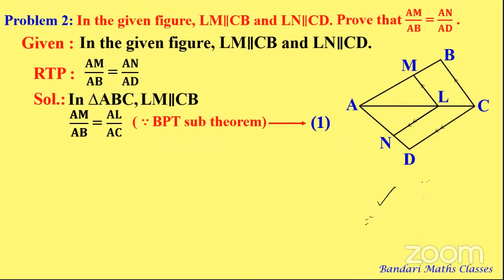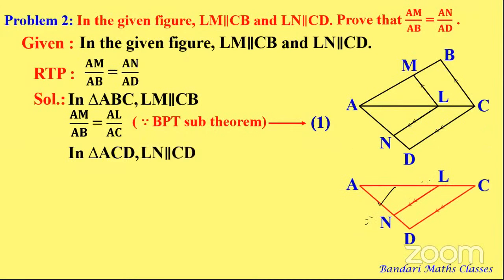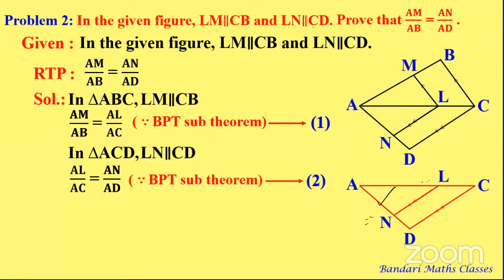Similarly, we take another triangle, the bottom triangle ACD, red color. In this, LN is parallel to CD, so AL by AC is equal to AN by AD. Again the basic proportionality sub-theorem. That is equation number 2. Then check equations 1 and 2: equation 1 RHS and equation 2 LHS are the same.